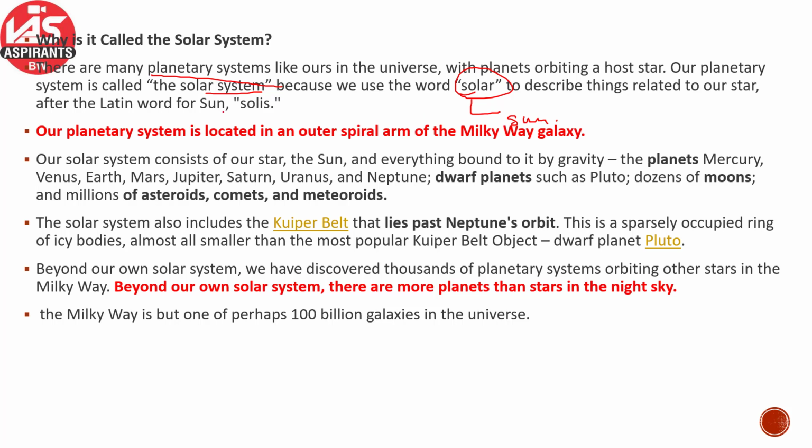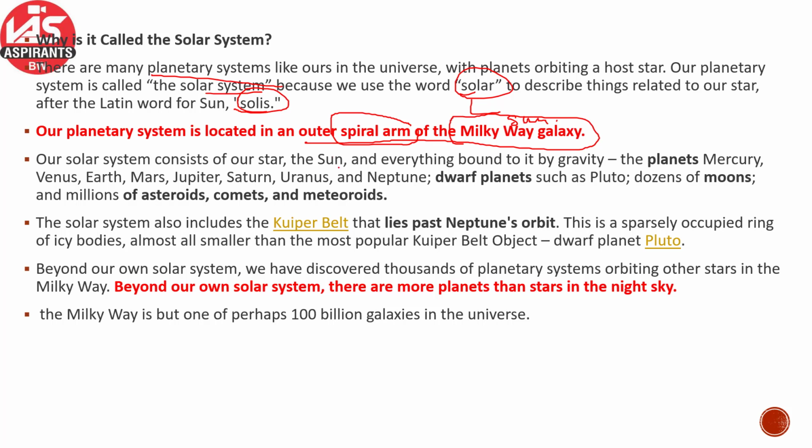So it is named after the Latin word for Sun, which is solis. And our solar system is located in an outer spiral arm of the Milky Way galaxy. So we already talked about it. Galaxies can be of different shapes. Milky Way galaxy is a spiral galaxy.